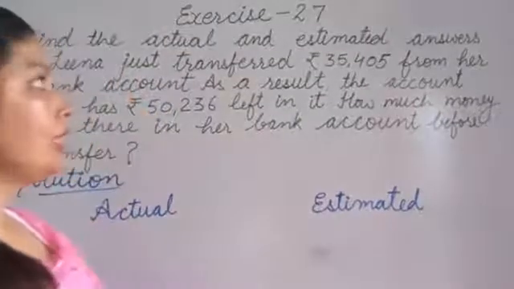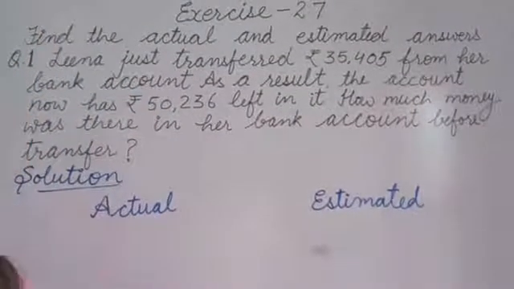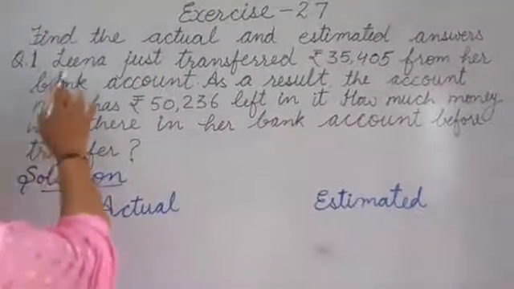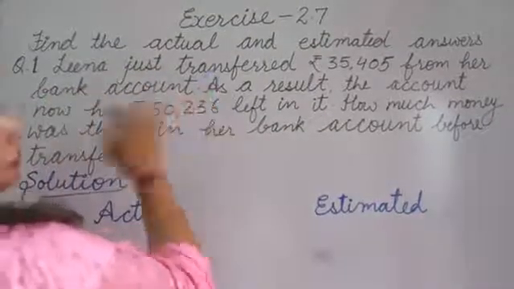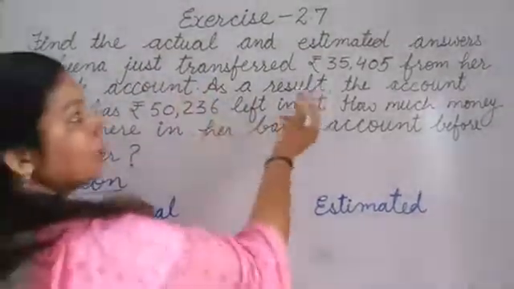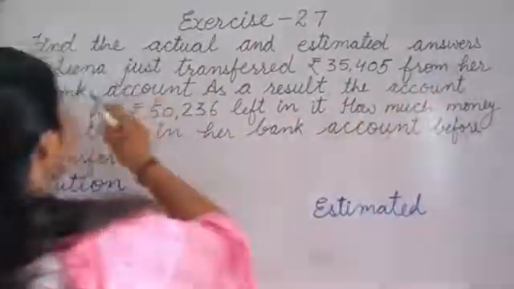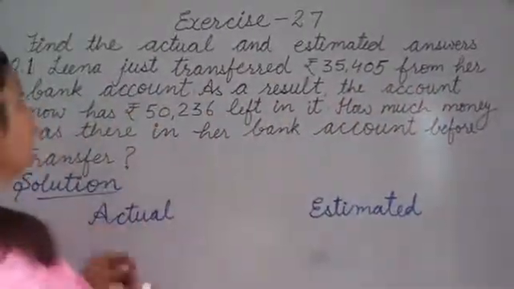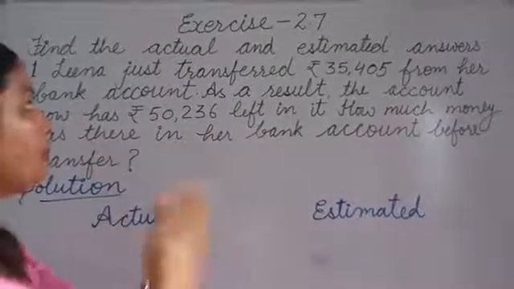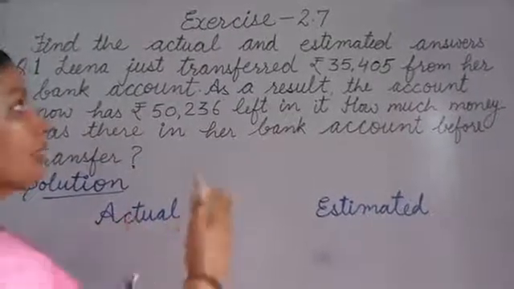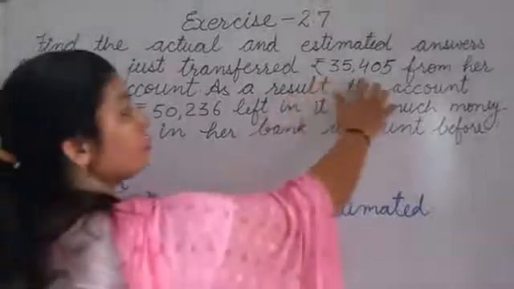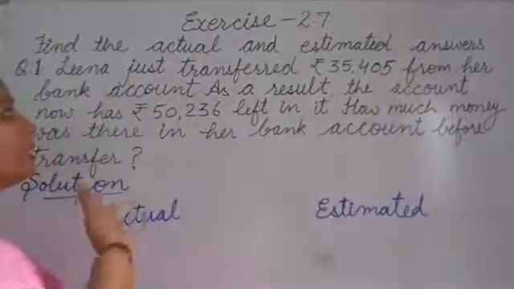Let me start question number 1. It is given: Lena just transferred rupees 35,405 from her bank account. Means Lena has just transferred rupees 35,405 from her bank account.